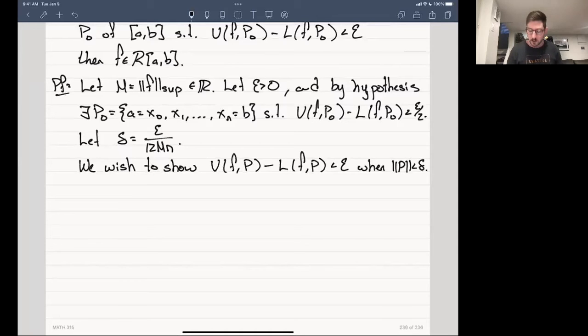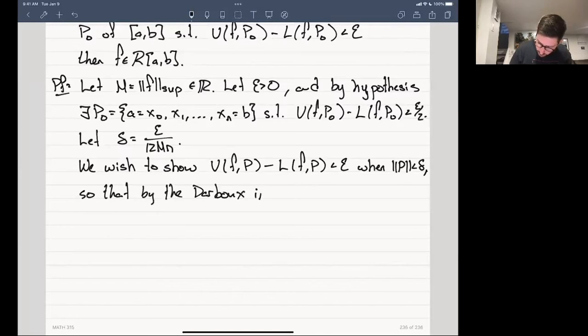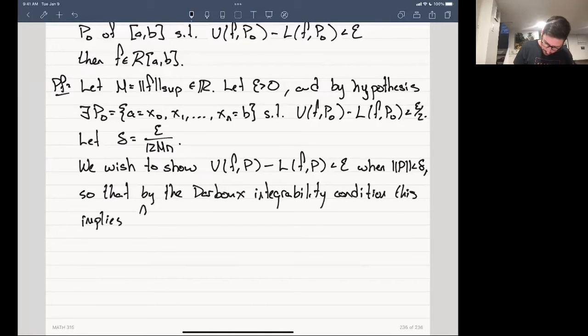Okay, that's what we want to show, because by the Darboux integrability condition, this implies f is Riemann integrable.